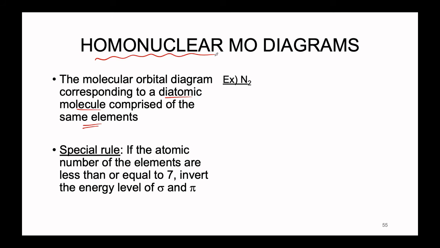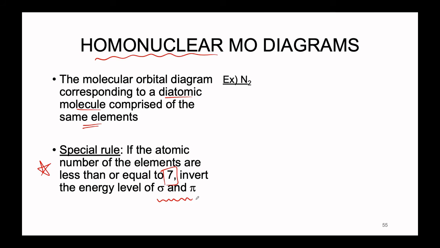But in order to draw nitrogen's homonuclear MO diagram the most correctly, we also have to acknowledge one last special rule. This special rule states that if the atomic number of the elements in your diagram is less than or equal to 7, we must invert the energy levels of the bonding sigma and the bonding pi.